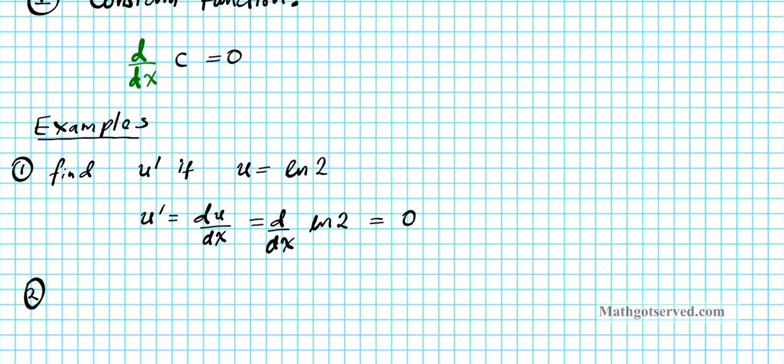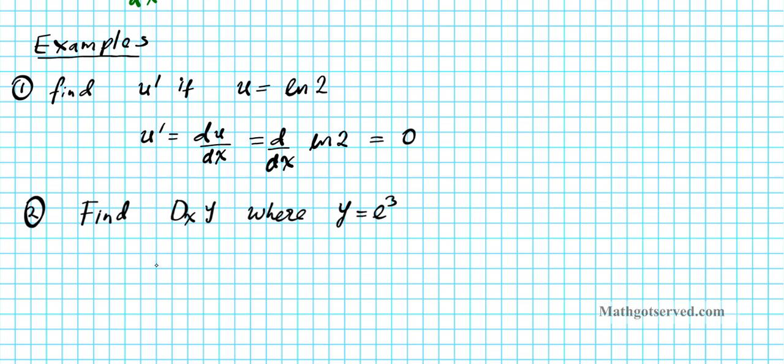Number 2. The task is to find the derivative with respect to x of y, where y equals e to the third. Remember, d/dx of y is the same thing as dy/dx.